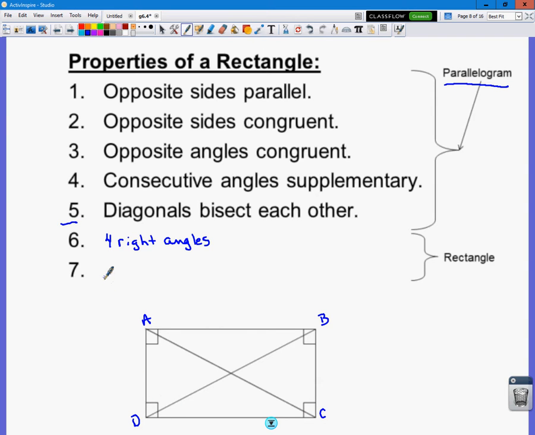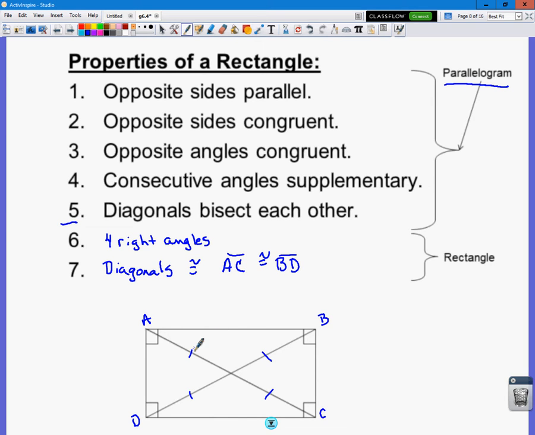The other thing that happens is, not only do the diagonals bisect each other, but if it is a rectangle, the diagonals are congruent. In other words, I know that whatever AC is, that BD is going to be the same. In fact, because they bisect each other, all 4 pieces of these diagonals would be what?